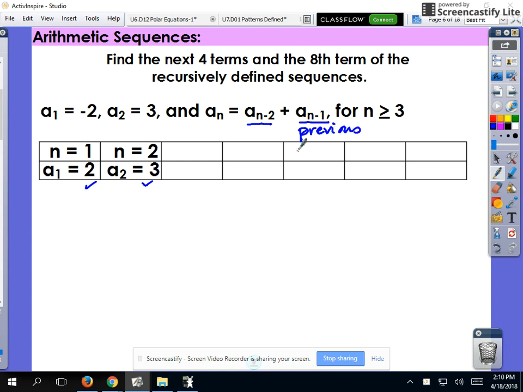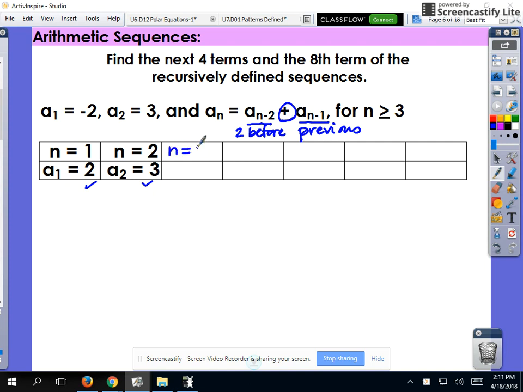What is this? It's the previous of the previous. So like 2 before. So if I take my 2 before and my previous and I add them, I will get my next term. I guess that's why they gave us the first two terms, because you've got to know those to add them together.